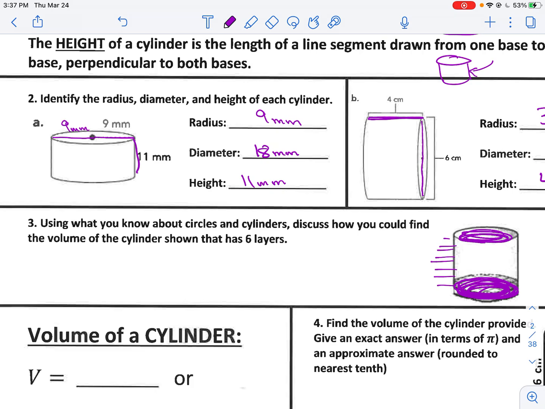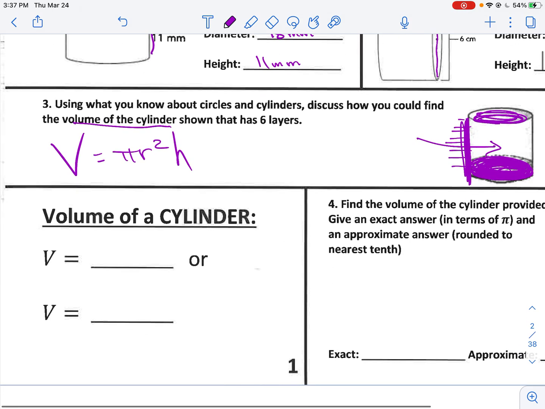So in order to find the volume of a cylinder, to know how much would fill in here, I have to find the area of my base, which is pi r squared, and then I need to know how high that's going to get. So I'm going to take that times my height. So pi r squared h, oops, I forgot the squared.